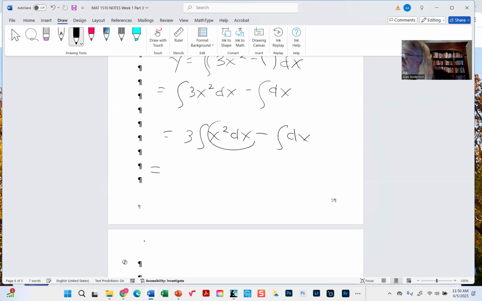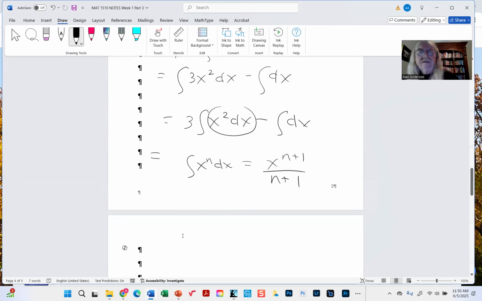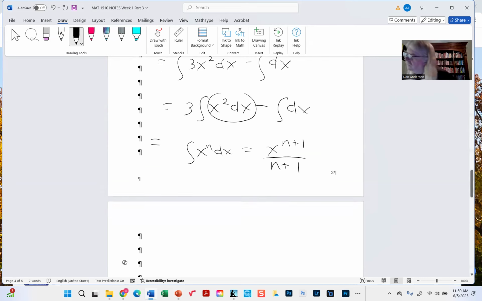And so using our favorite rule, we end up with the result. And by the way, when I break it up like this, technically I have a constant for each one separately, but they can be consolidated into a single constant.